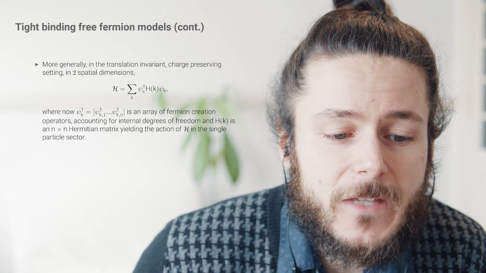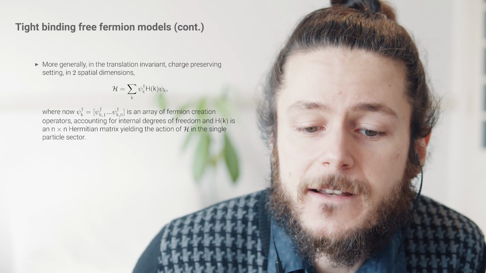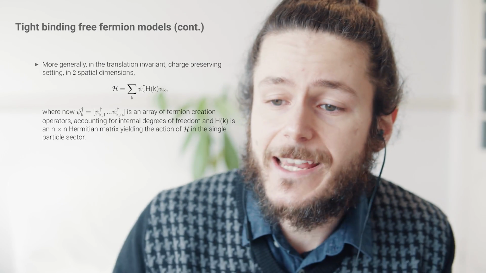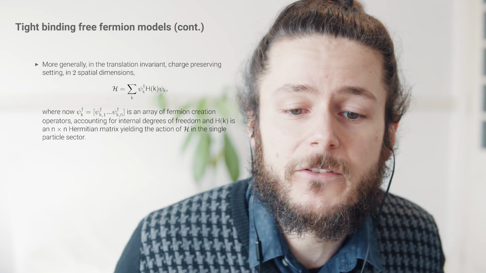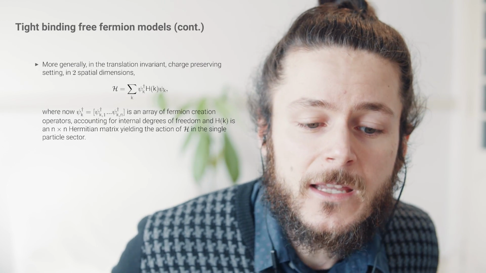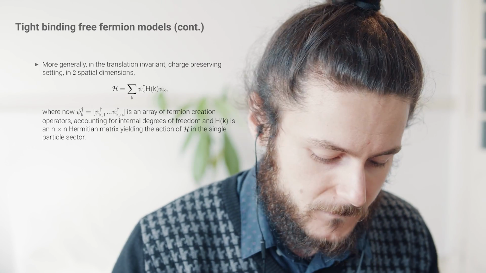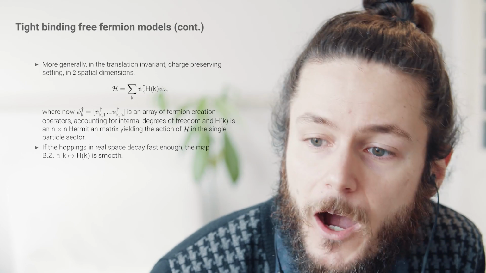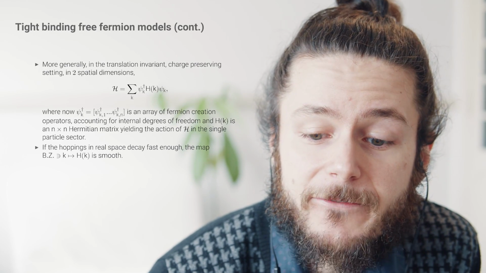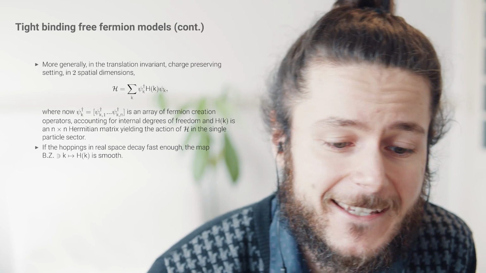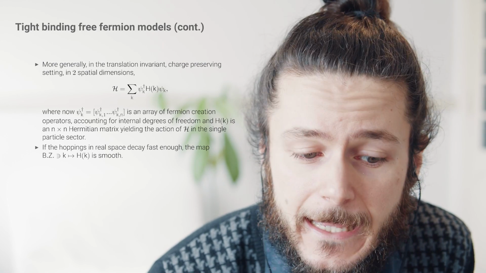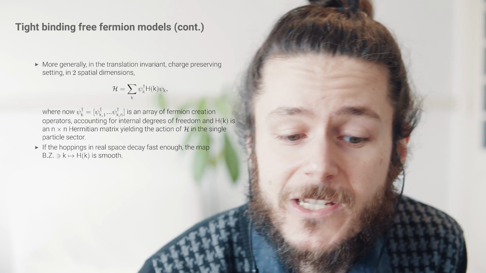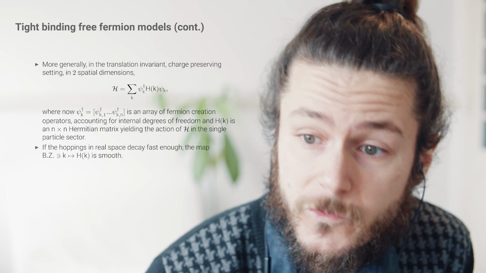And h of k is an n by n Hermitian matrix, which essentially corresponds to the action of my second quantized Hamiltonian in the single particle sector. Okay? If the hoppings in real space decay fast enough, then this assignment, which takes a momentum k in the Brillouin zone to the matrix h of k, is smooth.